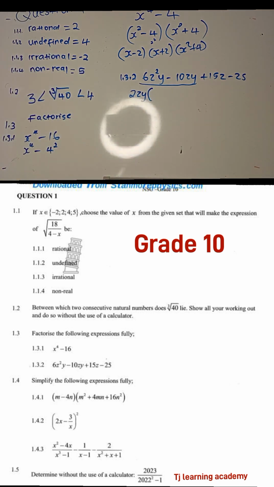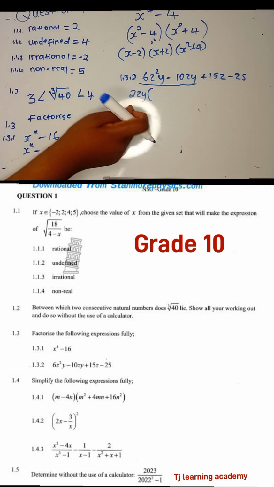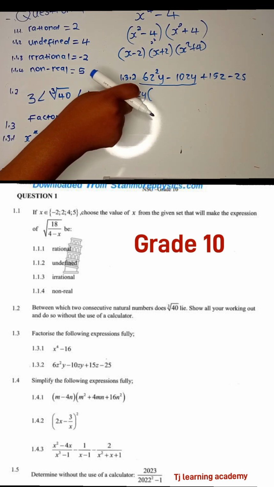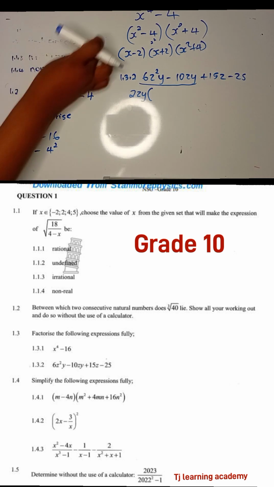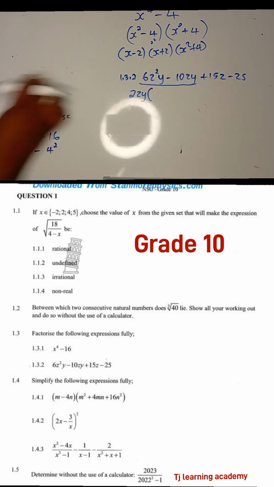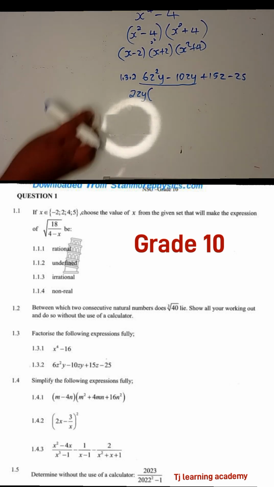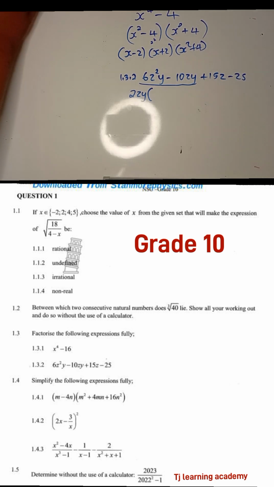So we know that when we factorize, we divide each term by a common factor. Let me wipe this so that I can show you how you do it, so that it won't be confusing to you guys.